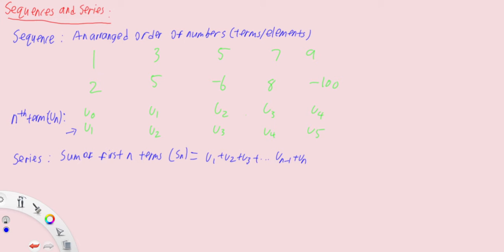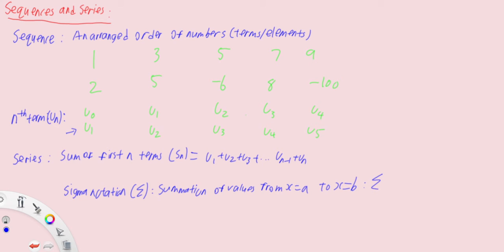Now in this chapter as well, you get to learn what we call the sigma notation. The sigma notation is represented as this. It looks like an E, and basically it means summation, the summation of values from x equals a to x equals b.